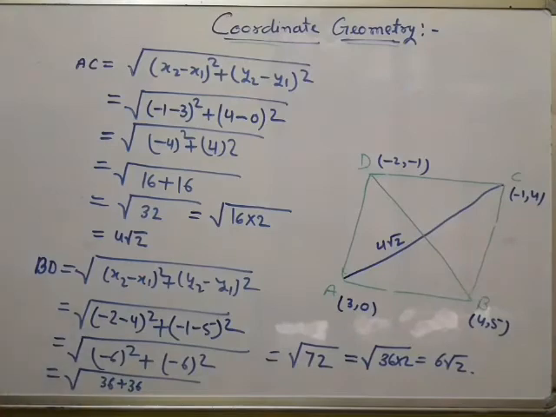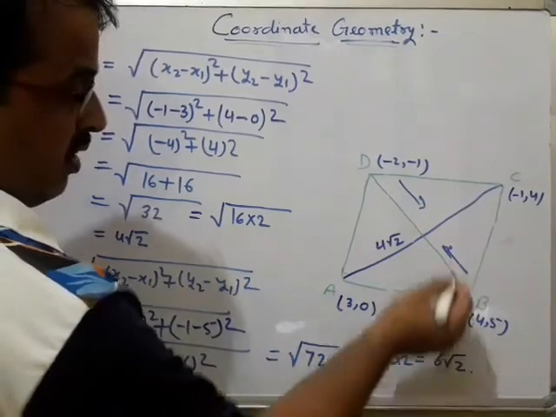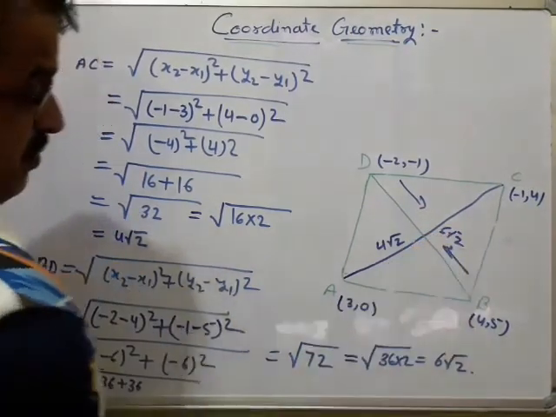We find BD. So what distance did we get for BD? 6 under root 2. Clear?